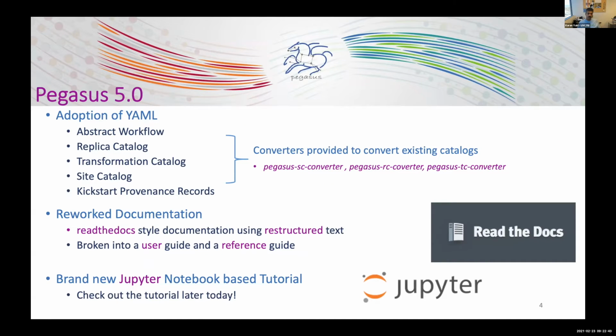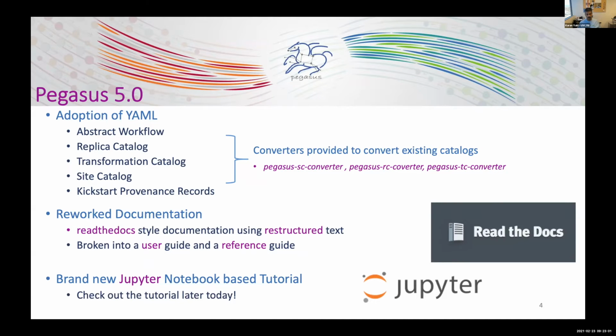All right, so with Pegasus 5.0, in addition to the new API, we've adopted YAML as our format of choice. So in 5.0, we changed the format for the workflows, all the catalogs, and even the provenance records that are generated by Kickstart.